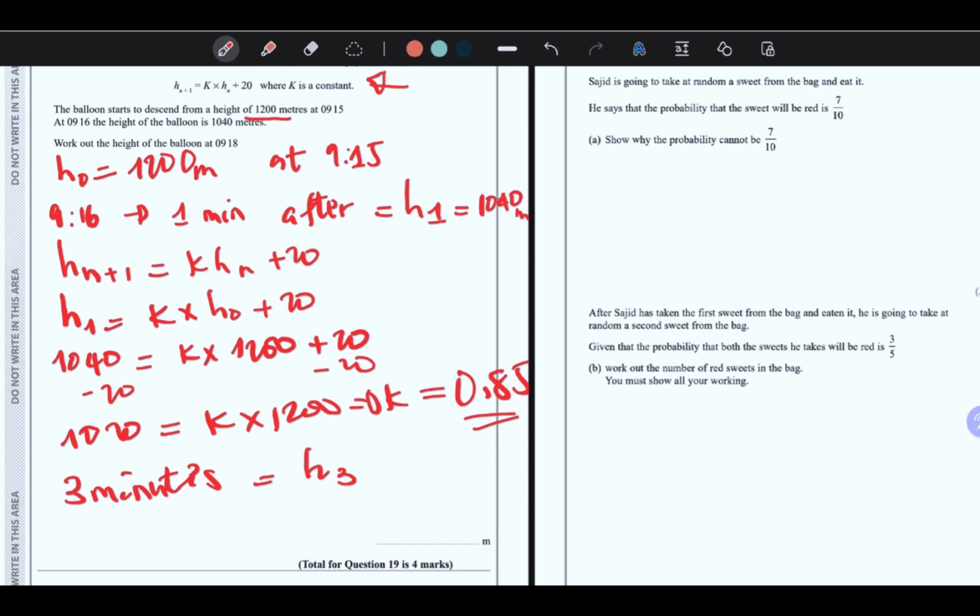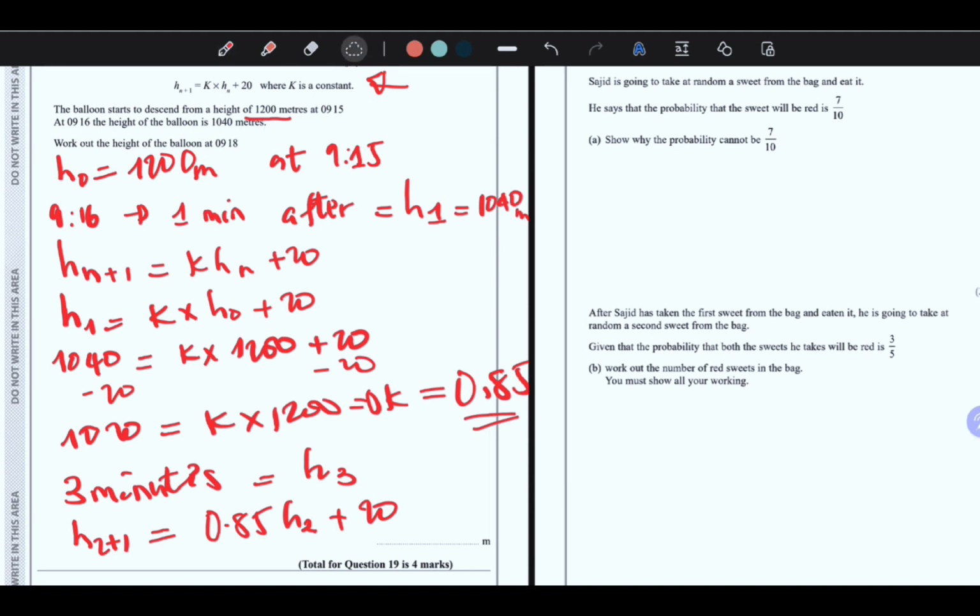So if we want to find h3, we have to do h2 plus 1 equals the value of k, which is 0.85, h2 plus 20. h2 means 2 minutes after the balloon was released, but we only have the height of the balloon 1 minute after it was released, so we also need to work that out.